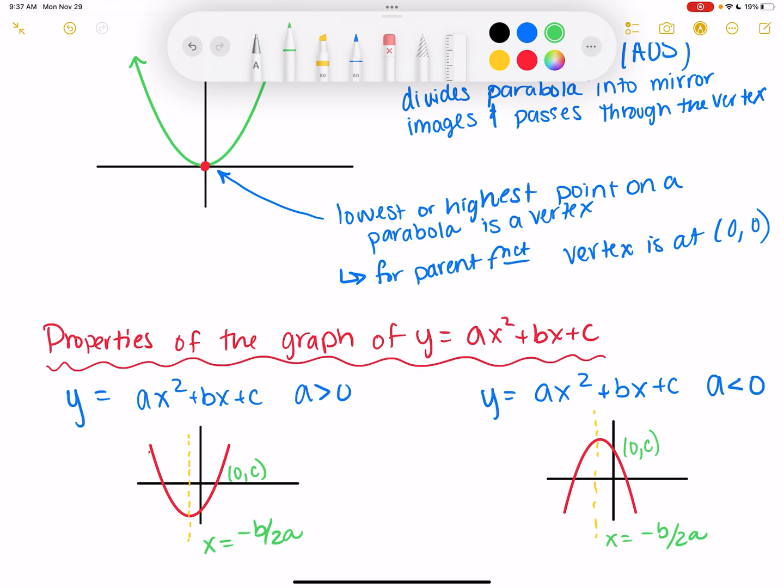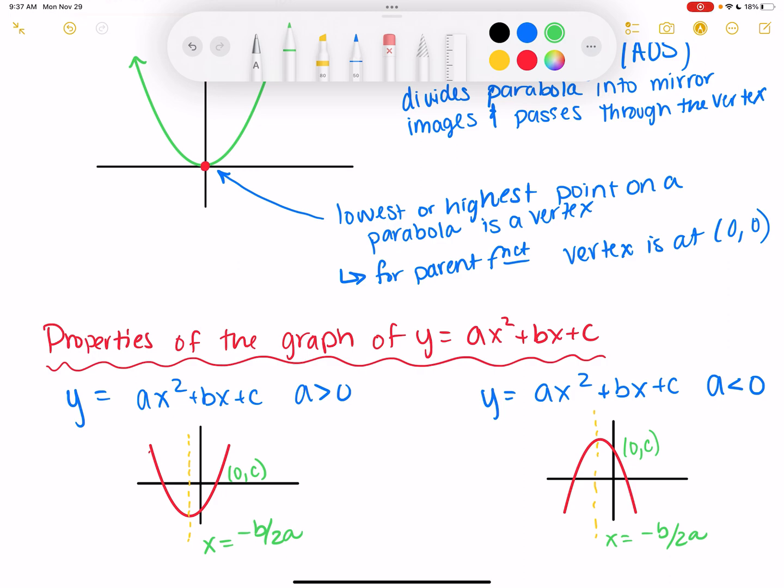All right, so basically the yellow dotted line is the axis of symmetry. If I ask you to graph them and to draw the axis of symmetry, it's drawn as a dotted line through the vertex, straight down the middle. If you have it in standard form, in order to find the axis of symmetry, or the x-coordinate of your vertex, because they're the same thing, you do negative b divided by 2a.